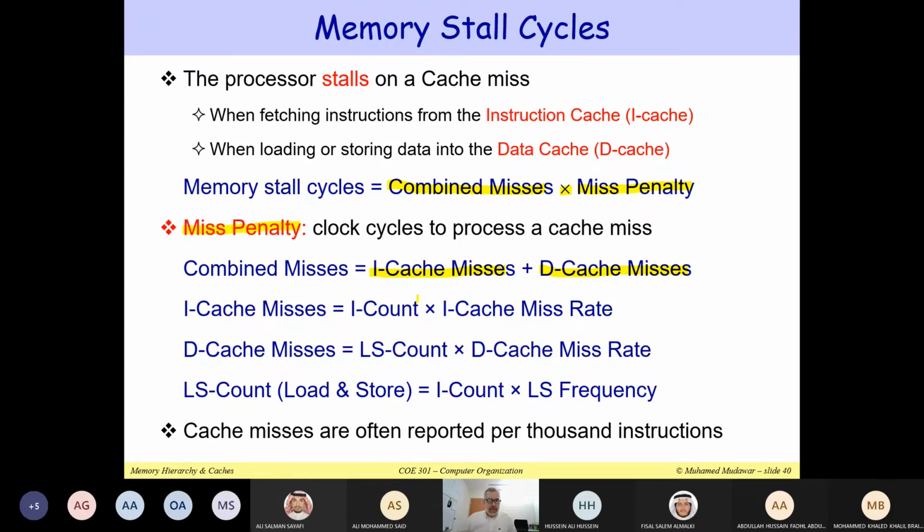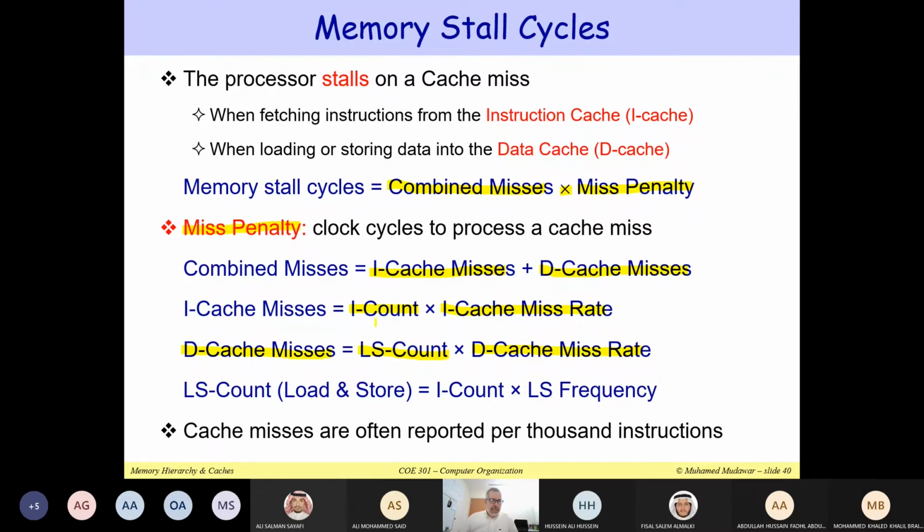In the case of the I cache misses, we count all the instructions multiplied by the I cache miss rate, because every instruction has to be fetched. In the case of the data cache misses, we count the load-store instructions: the LS count, where LS means load store, multiplied by the data cache miss rate. That's how we count the data cache misses.